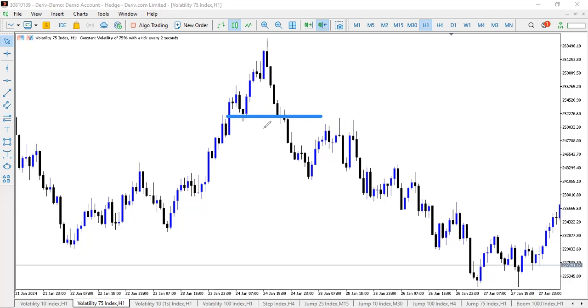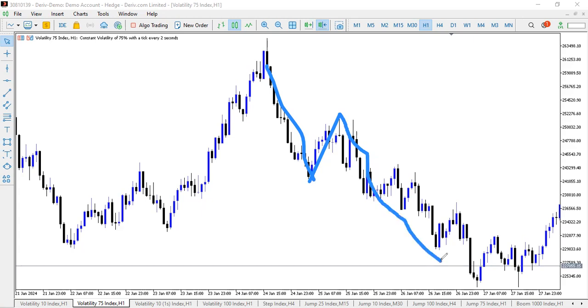And then we have our test of that zone, as you can clearly see. That's the breakout, then we have the retest, and you see the continuation, like I said to you.